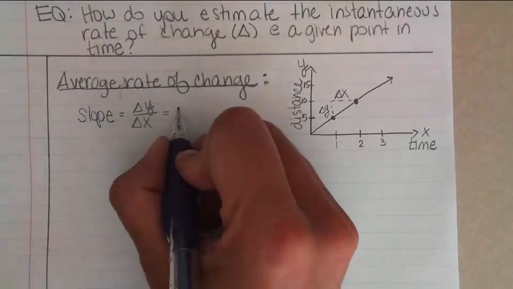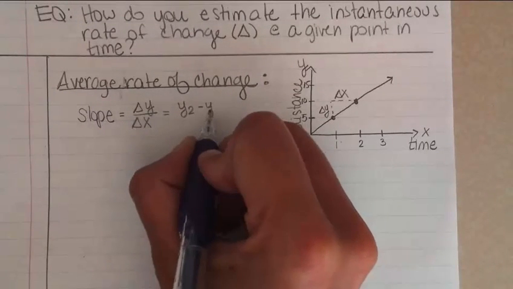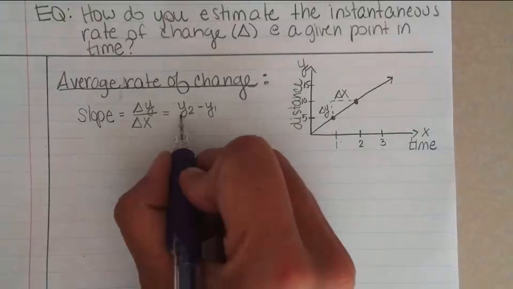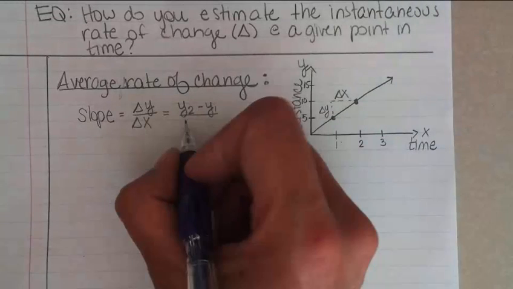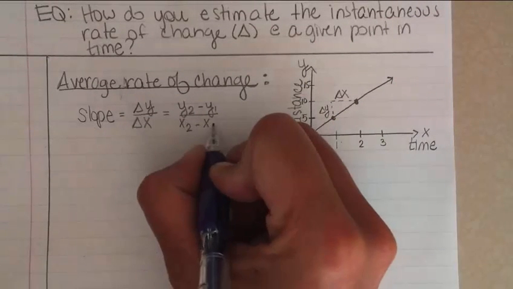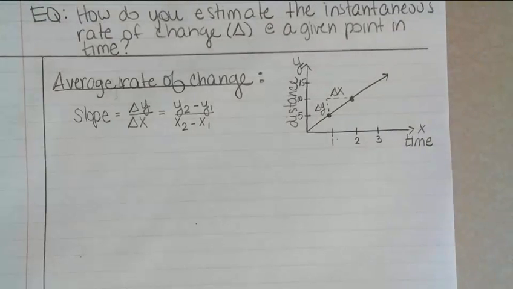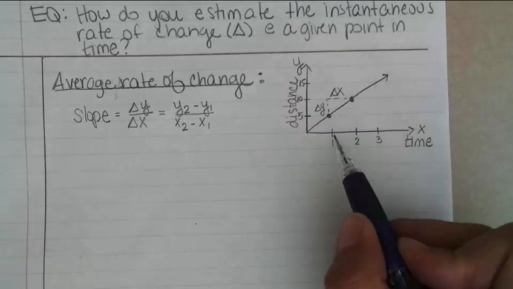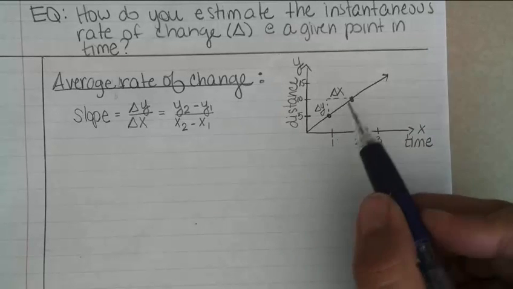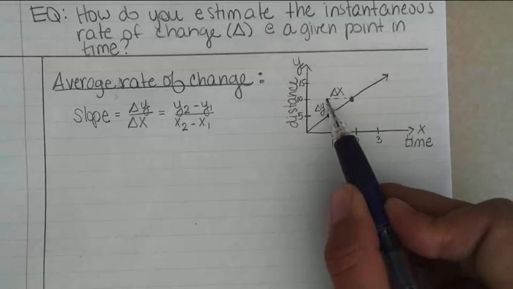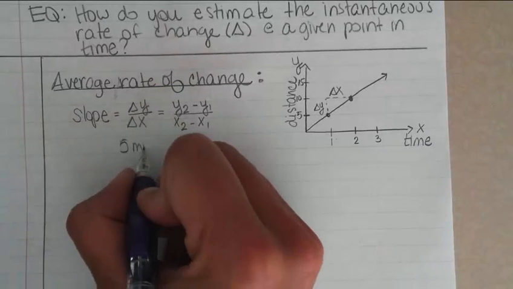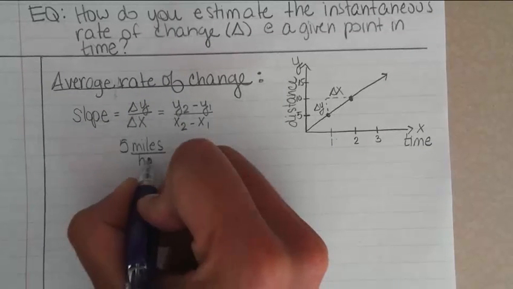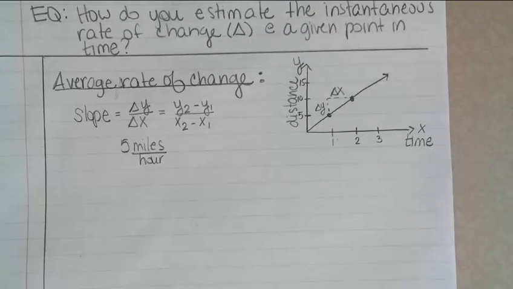And you usually find that by subtracting the two y values, from this height down to this height, and then the same thing with the x values. So in this example, if I was looking from, what's my average rate of change from 1 to 2 hours, well, basically I'm going 5 miles per hour, right? So that's my average rate of change here, is 5 miles per hour. Okay, so that's just an example.